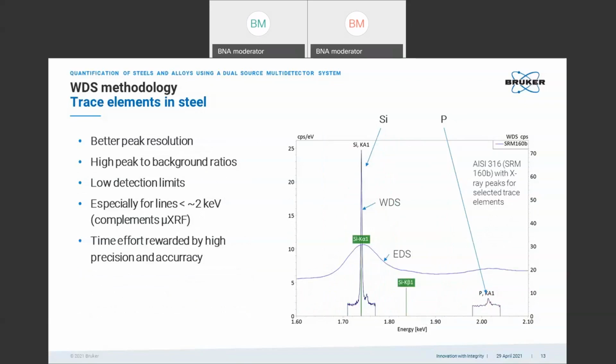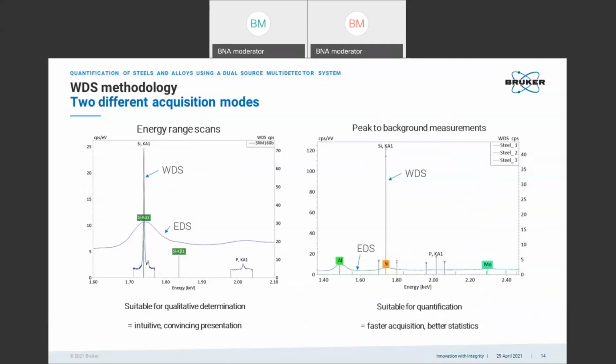So that means low detection limits, and especially for the lower energy range from about 3 kV or 2 kV. In that range, that's the transition from micro XRF to WDS. So spending some time here on the analysis on trace elements of the lower Z numbers, this is really worth it.